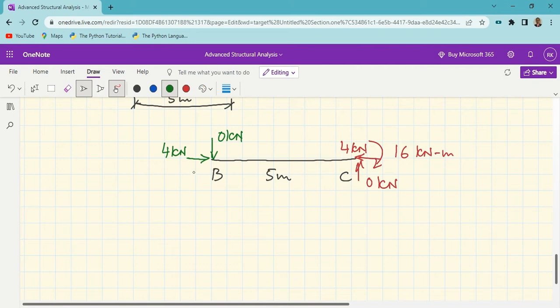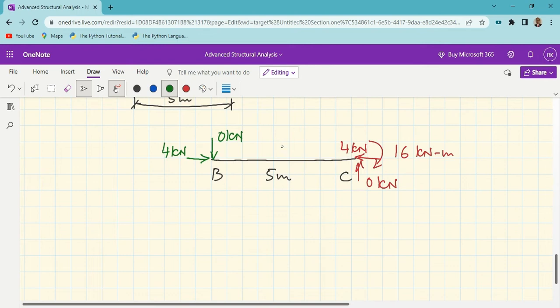And then what is the moment acting at B? There is no moment due to this 4 kilonewton at B, because 4 kilonewton does not have any lever arm with B. There is no perpendicular distance of this 4 kilonewton with respect to B, because it is acting in the line BC. The principle of transmissibility of force, an axiom of mechanics we have seen. It is passing through B, so there is no moment generated by this 4 kilonewton.